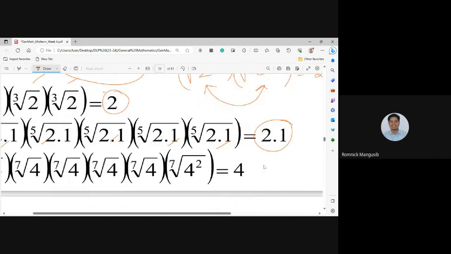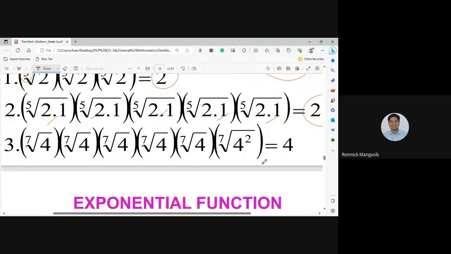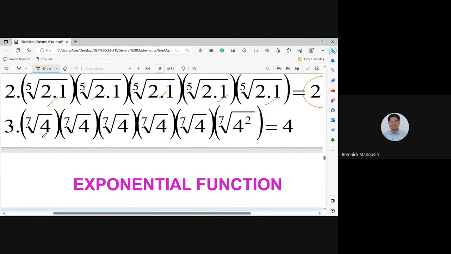Number 3, okay. Paano ito naging 4? Kung makikita mo, class, 1, 2, 3, 4, 5. Hanggang 5 ito. Pero ito ay naka 4 squared. Ang ibig sabihin niyan, class, ay dalawa ang 4. Okay. Kunin ko si 7th root of 4 squared.